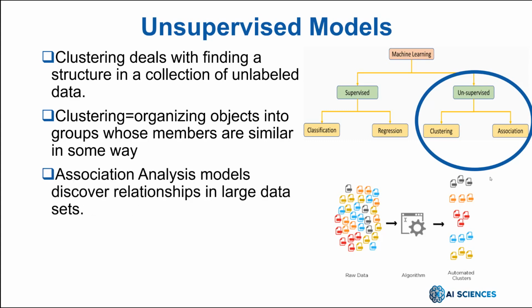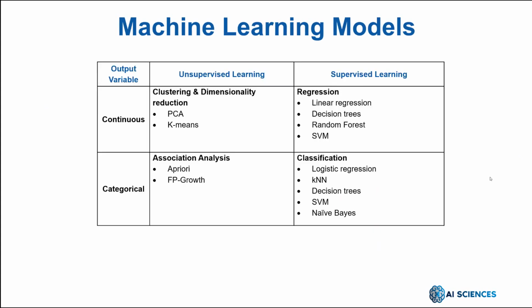I will present clustering in more detail later. Association analysis models discover relationships in large data sets. Hidden data relationships will be expressed as a collection of association rules and frequent item sets with association analysis. Association analysis isn't frequently used. We will not focus on them in this course.